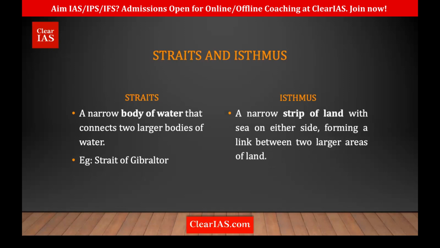There are two lands, that is two continents or two huge land masses, and when the narrow strip of land connects these two big land masses between the water bodies, this is called the isthmus. So the narrow strip of water is the strait, and it connects two water bodies, and isthmus is a narrow strip of land and it connects the land masses. An example is the famous Isthmus of Panama. We'll see other examples as well.